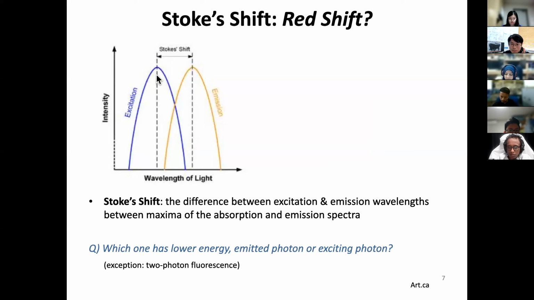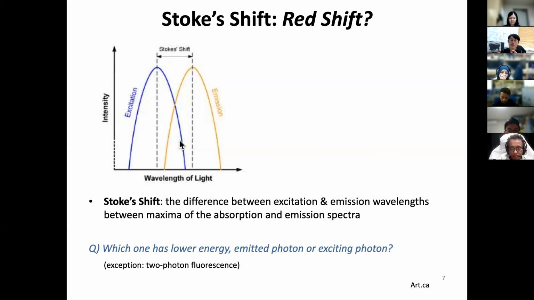However, the peaks of these are different. In general, emission has a longer wavelength. Why? Because it usually has lower energy. It doesn't usually have higher energy than excitation. So higher energy for excitation, lower energy for emission, which has a longer wavelength. So they are shifted, and this gives us a tool to differentiate these two.